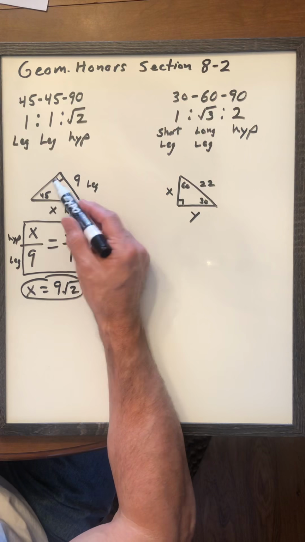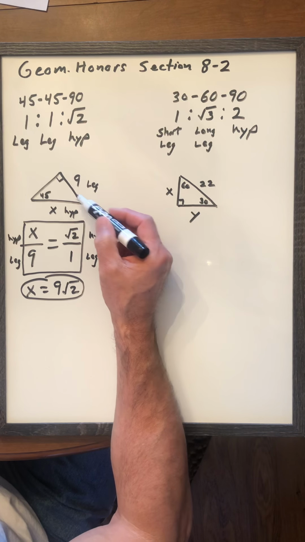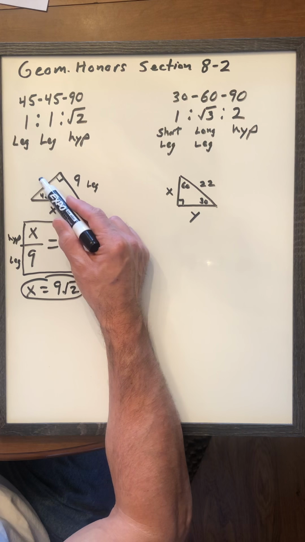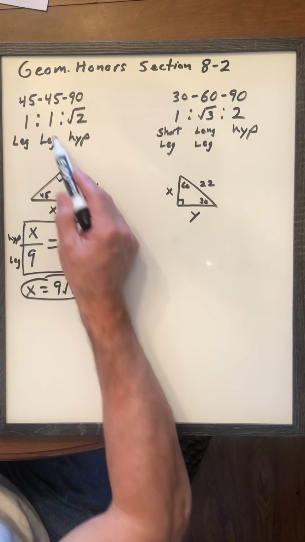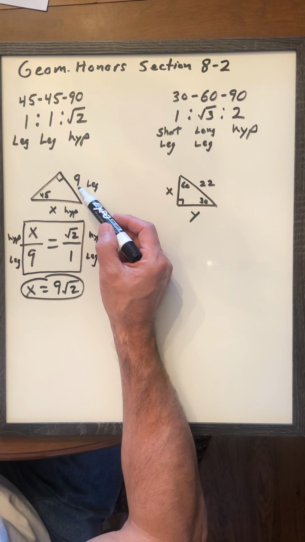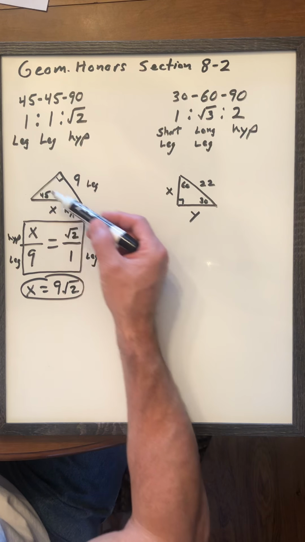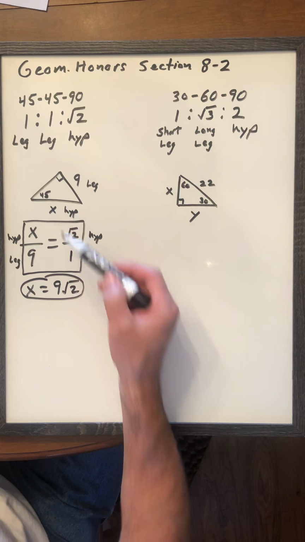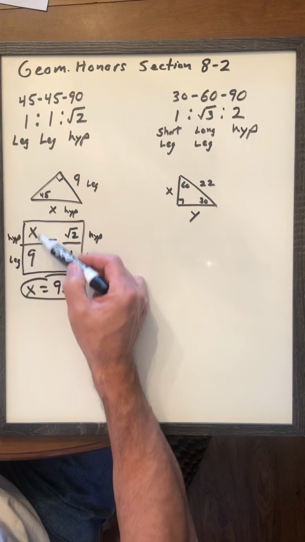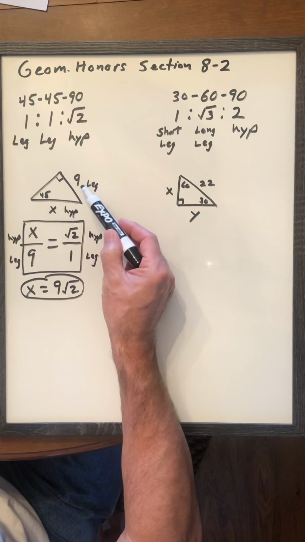Now, this is a 45-45-90, so if this leg is 9, then that leg over here would also be 9, because any 45-45-90 is an isosceles triangle. So if you know one leg, you know the other. This would be 9. We had to find the hypotenuse, and we found it. Again, one of your fractions comes from the diagram.